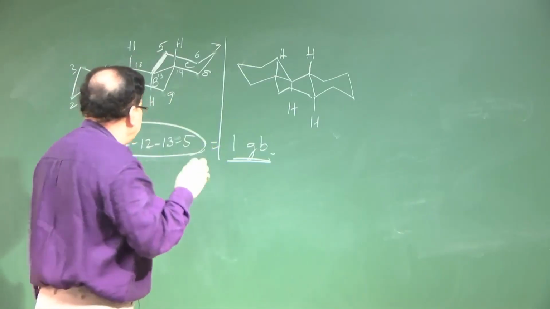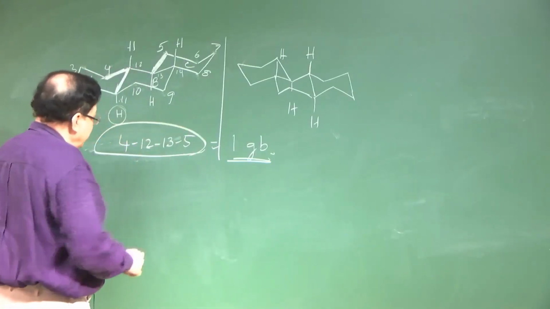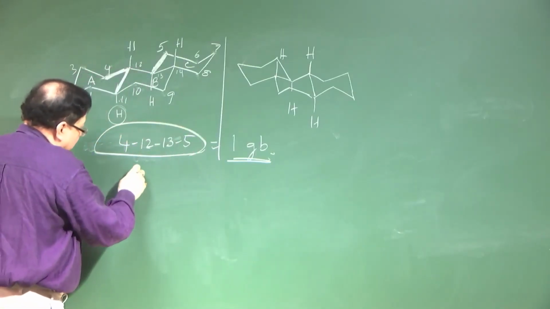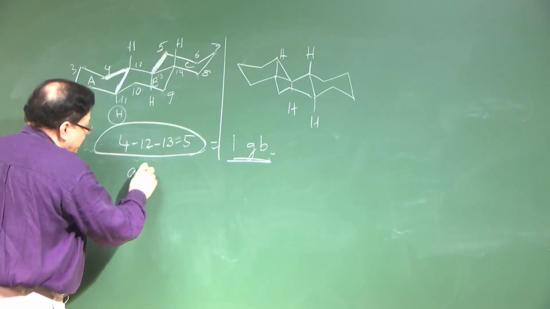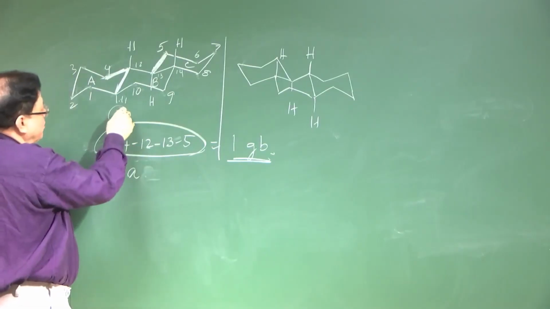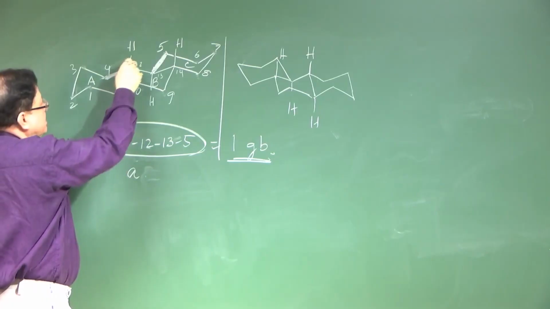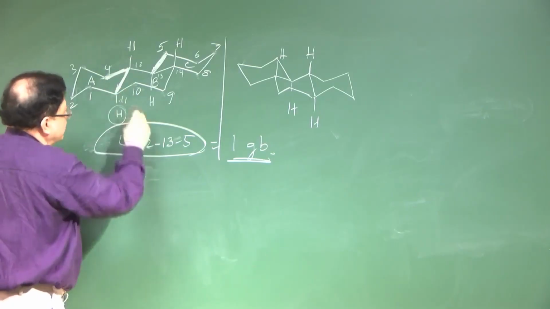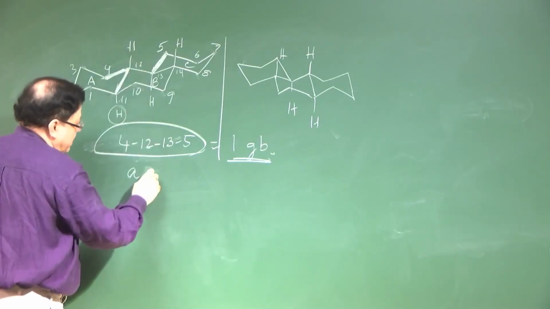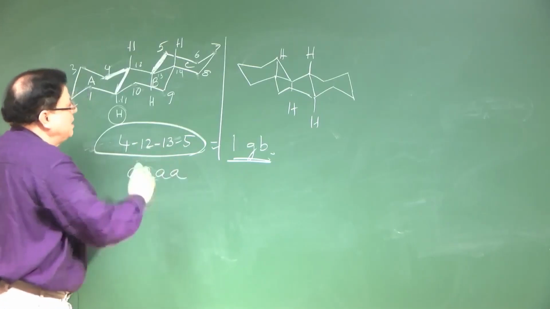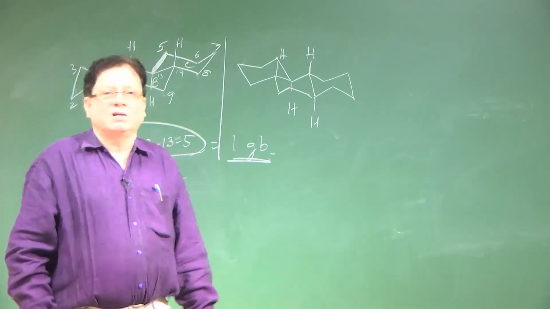Okay. So, these three. The first one for this is that you have to check the axial equatorial nature of this. So, here if you go from C11 then C12, this hydrogen is axial, then the hydrogen is again axial, axial, axial. So, all are axial, axial, axial, axial. Okay.